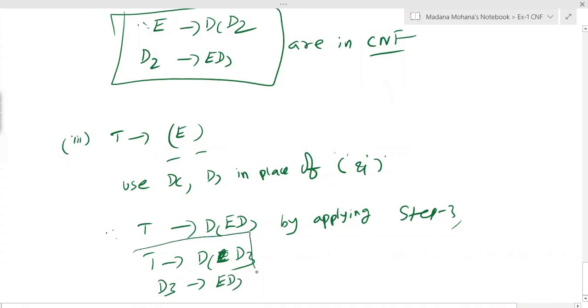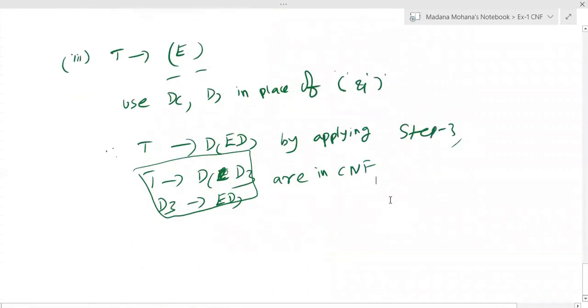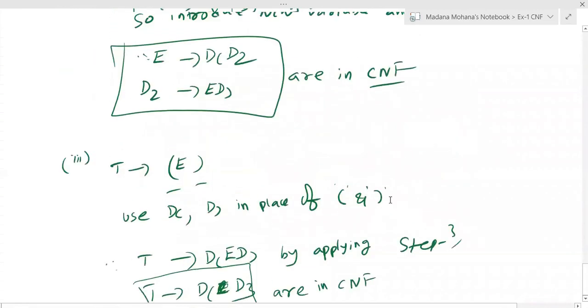Now you can see here are two variables, D suffix left parenthesis D3. Then D3 derives E D suffix right parenthesis, so these are in CNF. Now D left parenthesis derives left parenthesis, already in the above step those are all introduced, here again, no need to add. So now you can see all the productions.